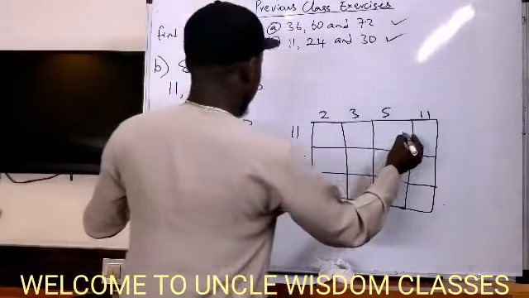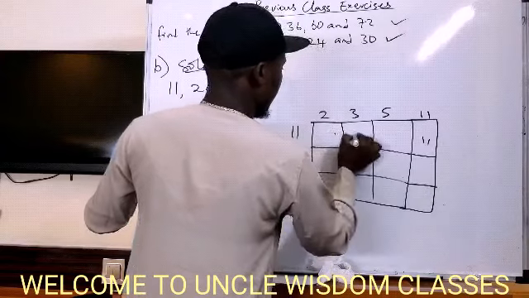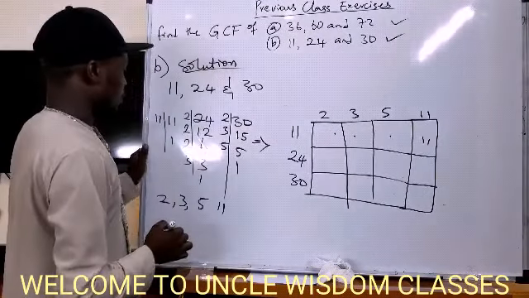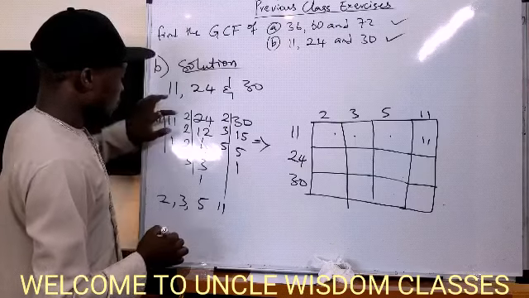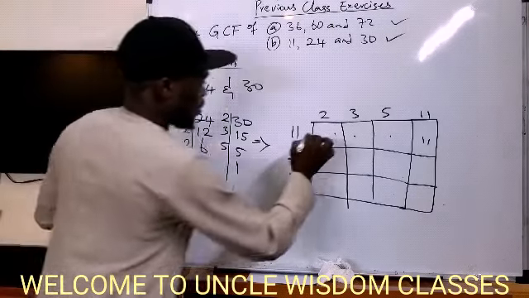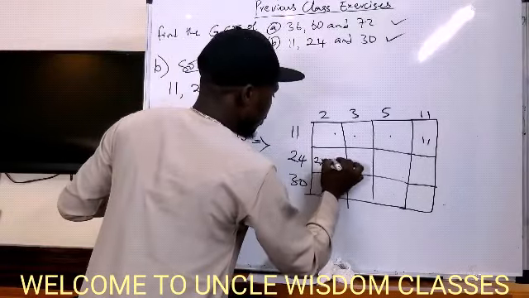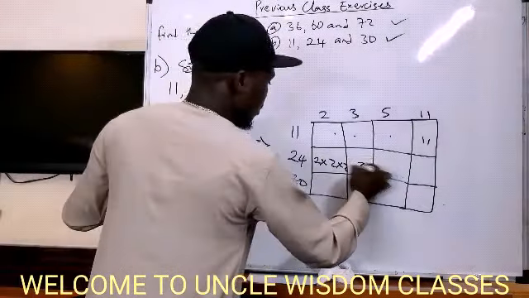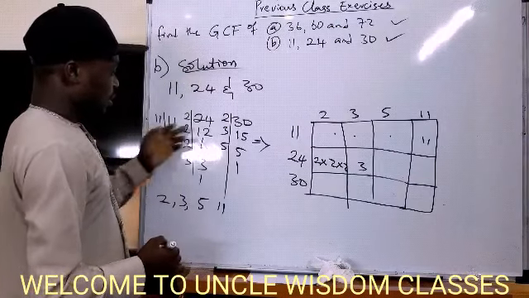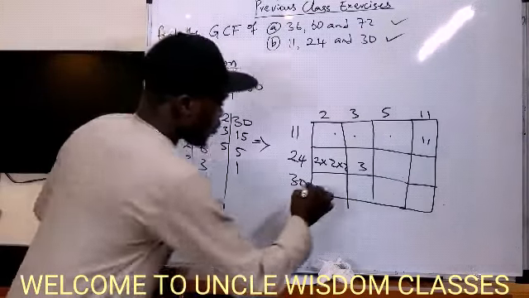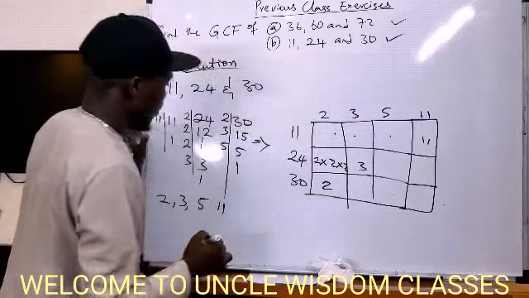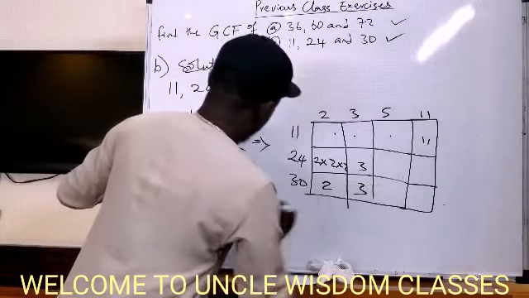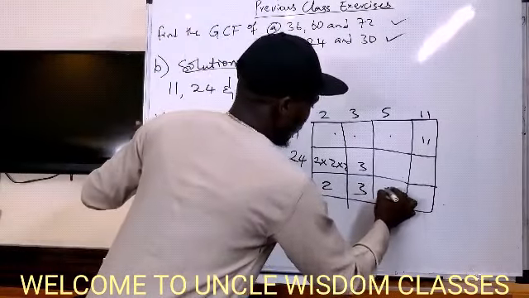11 appeared in only one place. In 24, we have 2 in 3 places, 2 by 2 by 2, and we have 3 once. In 30, we have 2 once, 3 appeared once, and 5 once.